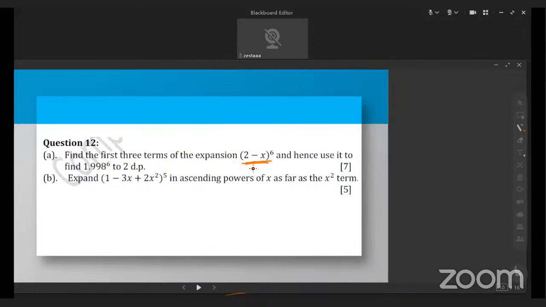You see, when you have this, put it in the form of 1 minus x, okay, power n, where we say that this will be 2 to the power of 6 into 1 minus a half x. This is also the power of 6. So when you expand this, multiply it by 2 to the power of 6.